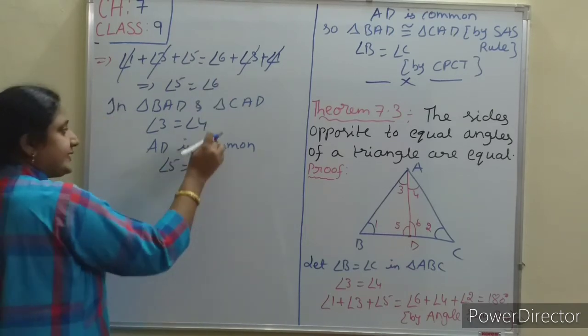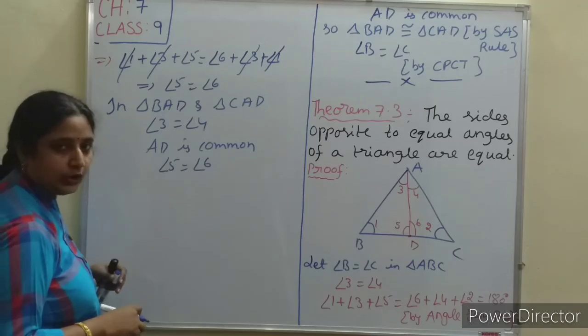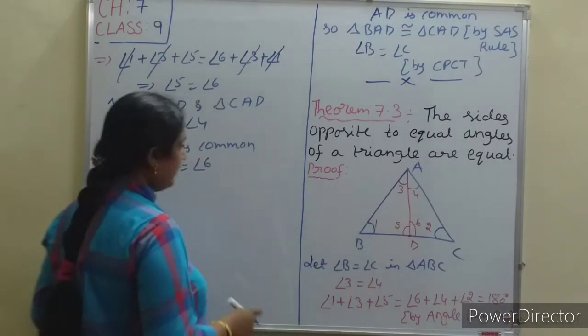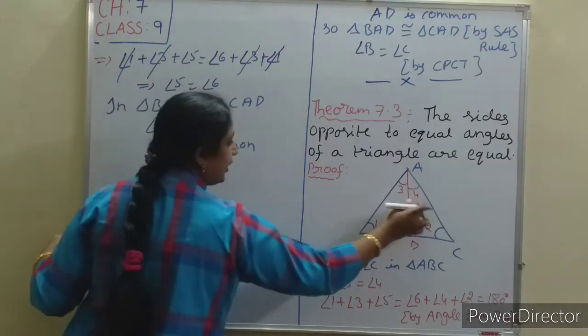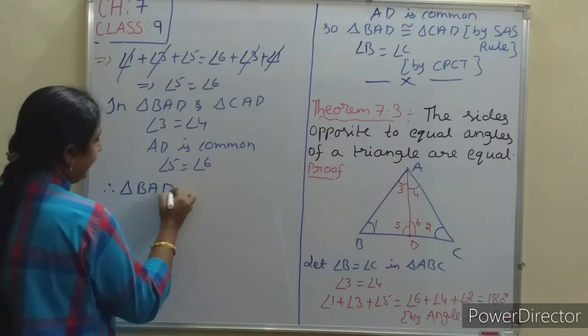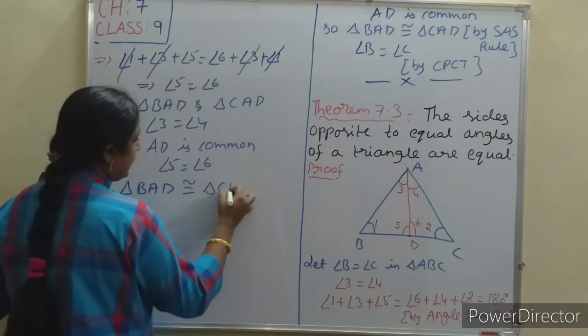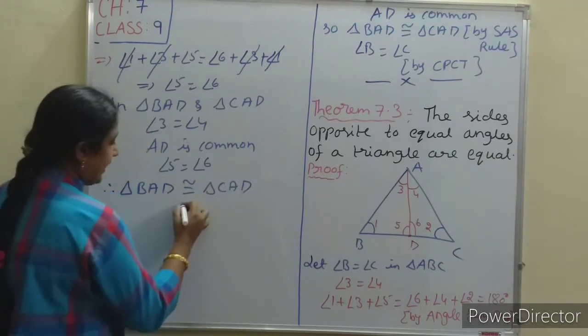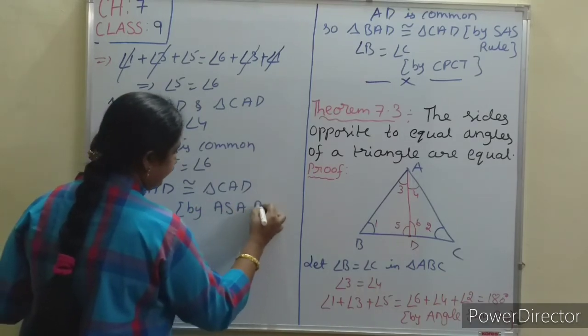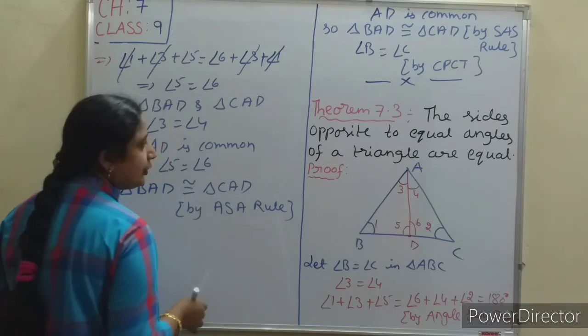So by these three conditions, what rule can you use? Angle, side, angle, right? So these two triangles are congruent to each other. Therefore, triangle BAD is congruent to triangle CAD. Okay children, by which rule? ASA rule.